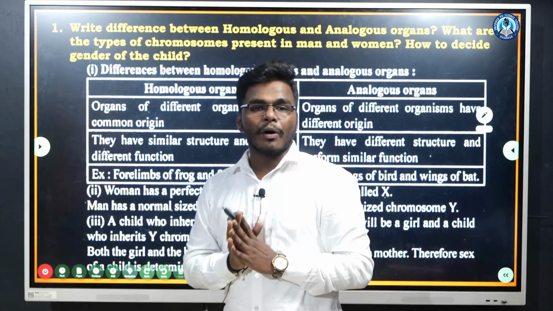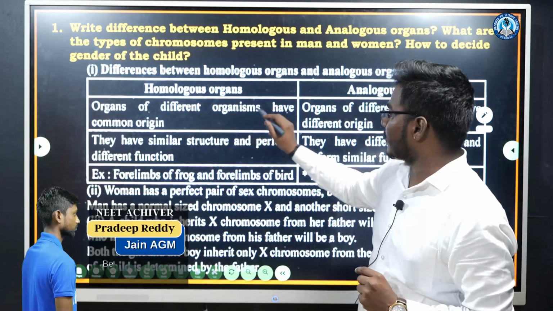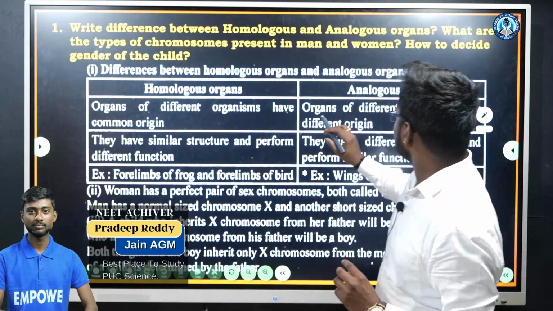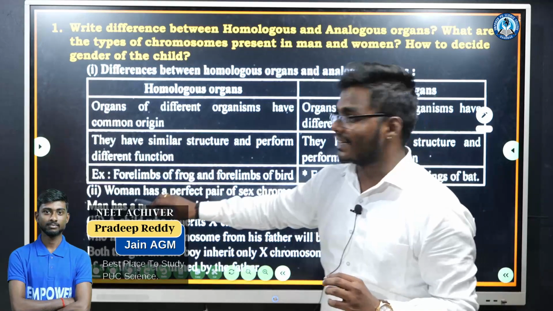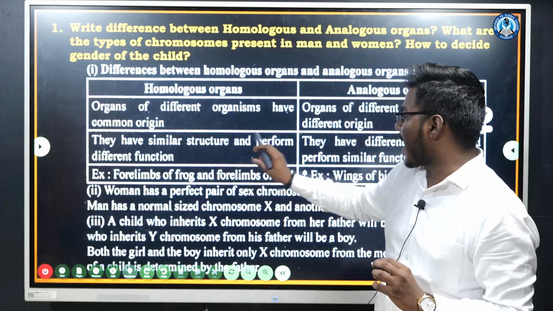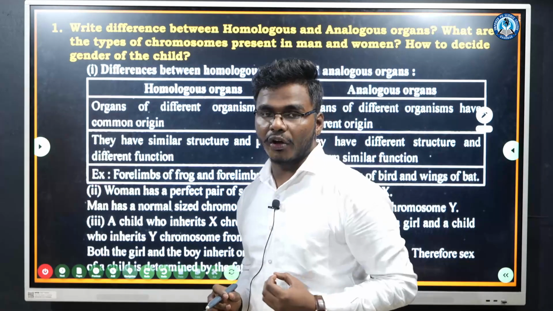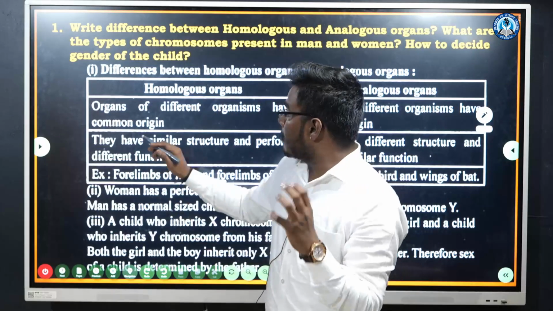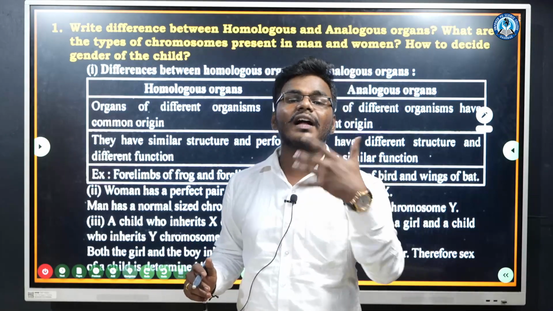When we discuss the homologous organs, organs of different organisms have common origin, that is, they have similar structure and perform different functions. When we speak about homologous organs, the structure and the organization of the bones is the same, but the functions are different.